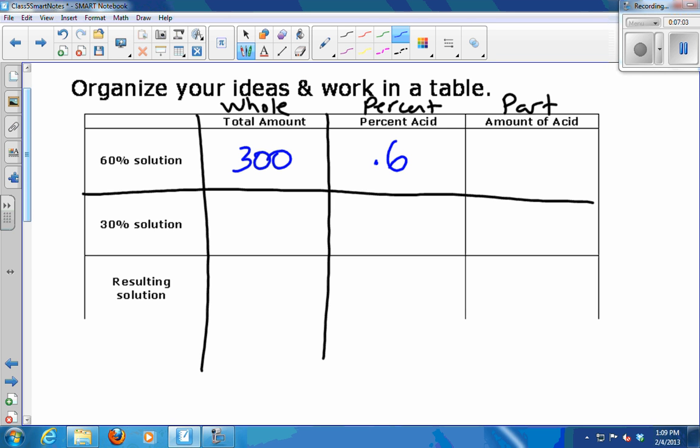So how much pure acid is in that solution? 180 milliliters. 0.6 times 300. Okay, now my 30% solution, how much of it am I pouring in? X. And it is 30%, so I'm going to put a 0.3 here. And then whole times percent equals part. So here I would have 0.3x.